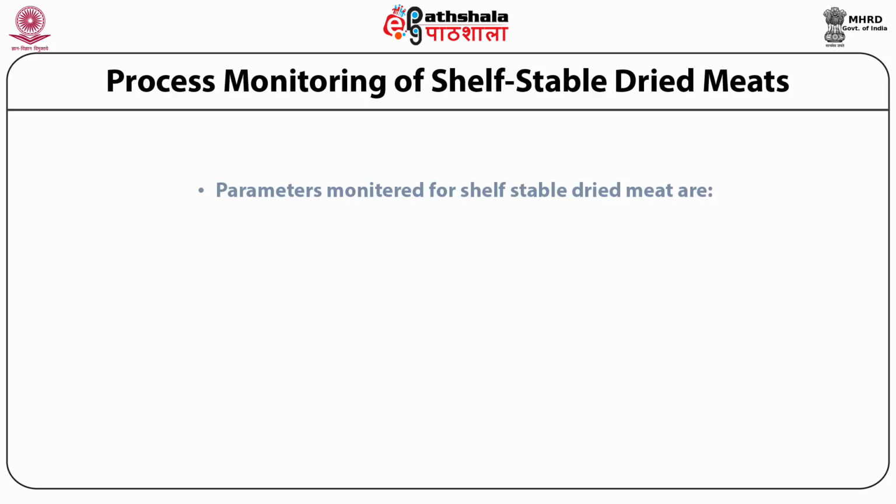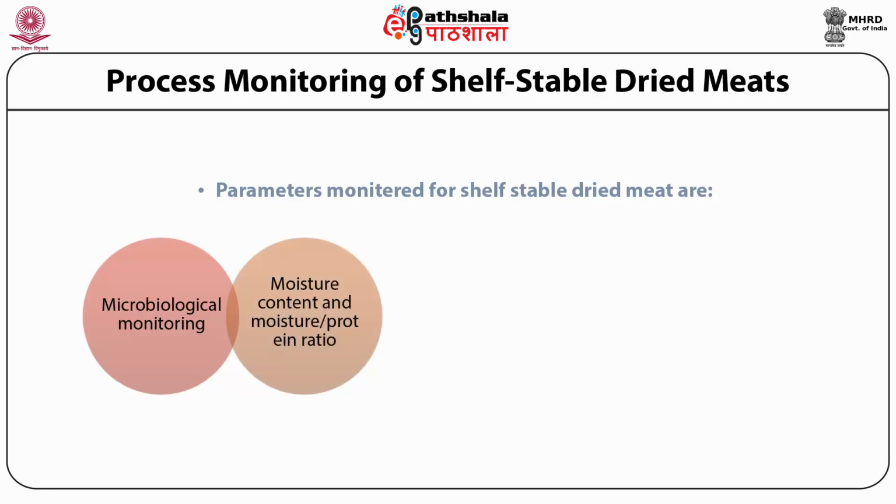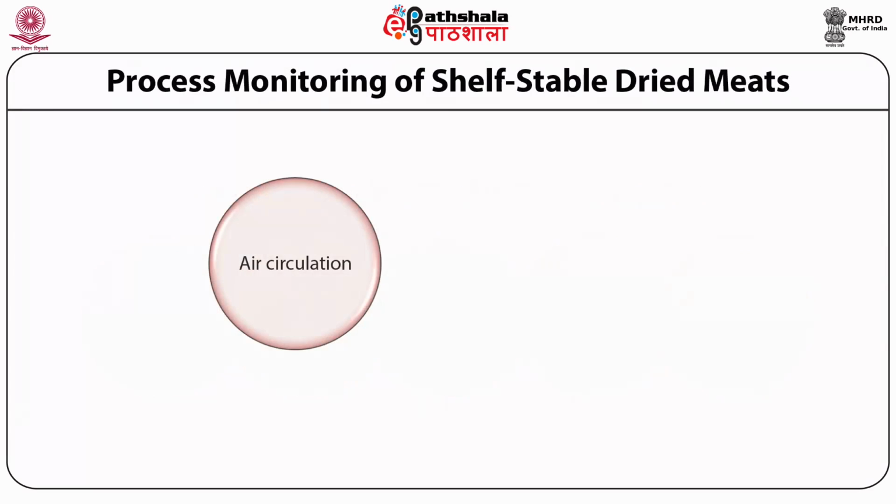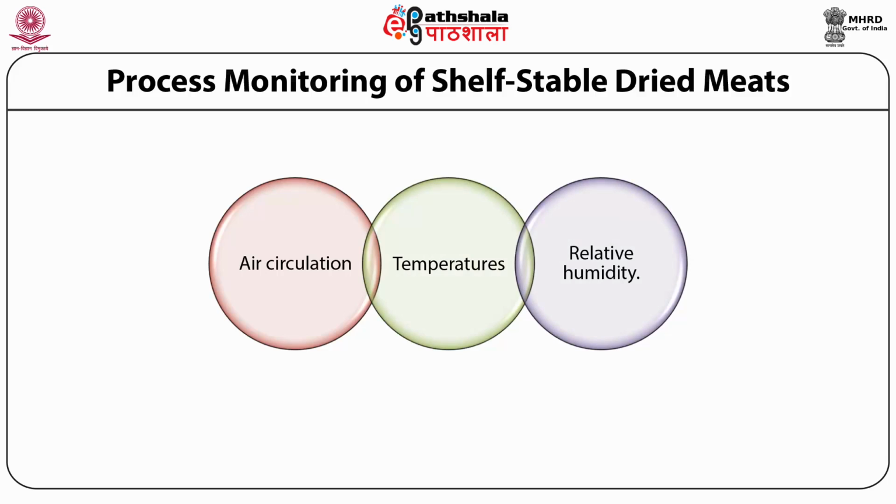The following parameters may be monitored: microbiological monitoring, raw materials, in-process final product, total contamination, relevant meat pathogens, moisture content and moisture protein ratio, water activity, pH, initial of the meat mix, rate of change with time, titratable acidity, and the product weight. Air circulation velocity and uniformity throughout the process, temperatures, environment, product, relative humidity during process.